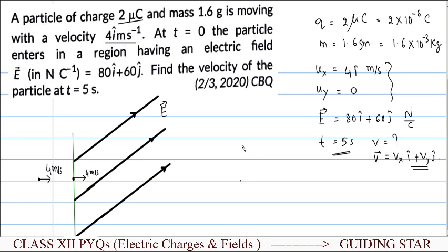As soon as it enters, the electric field acts upon it, and due to the electric field, it will experience some force. So what will be the force due to electric field?